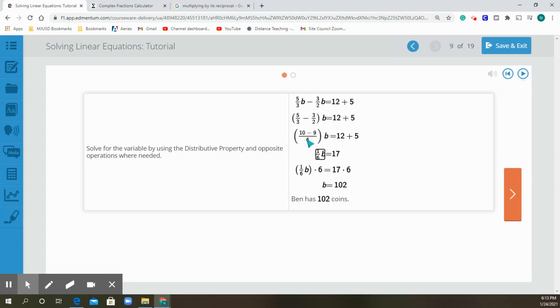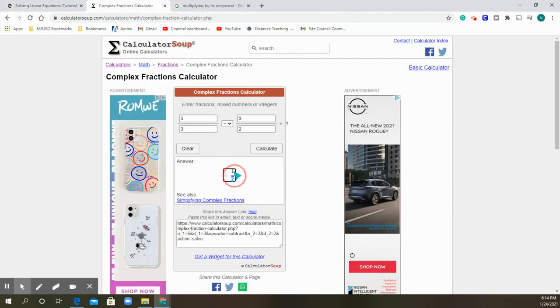That's a common denominator. If we multiply this one by 2, we get the 10. If we multiply the 3 by 3, that's how we get the 9. And then the negative sign still stays there. So 10 minus 9 equals 1/6.